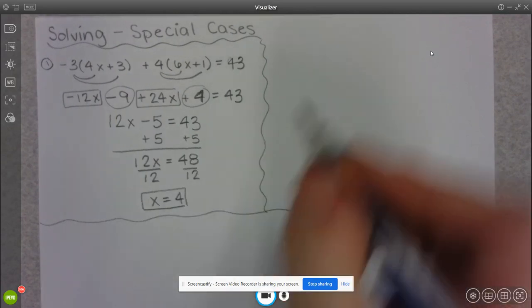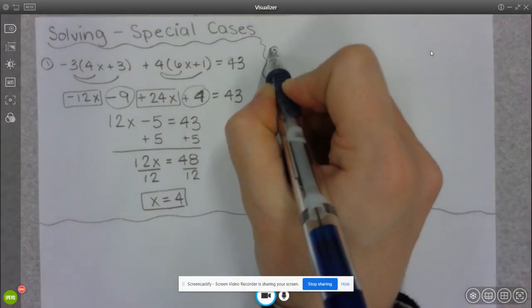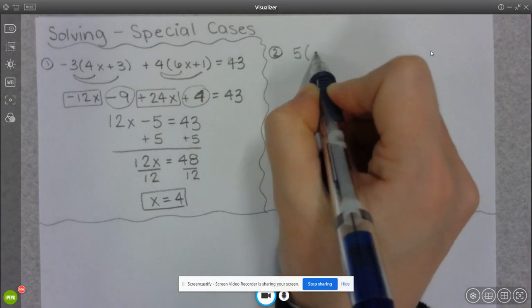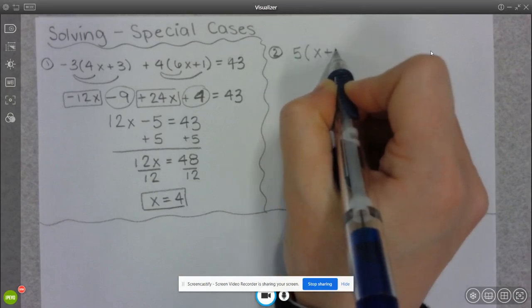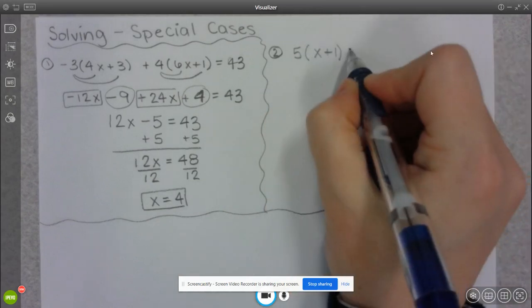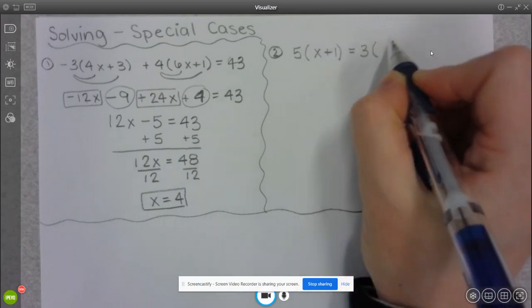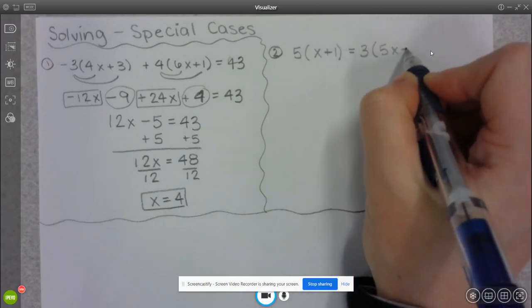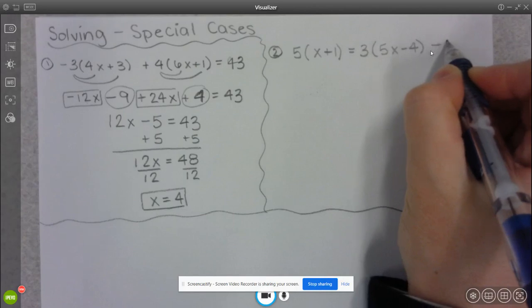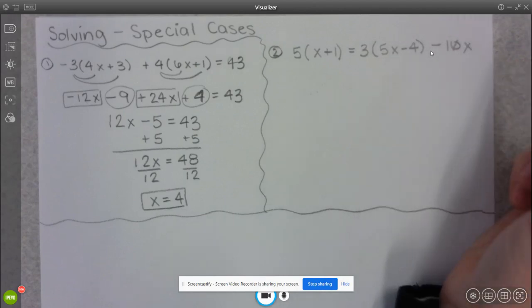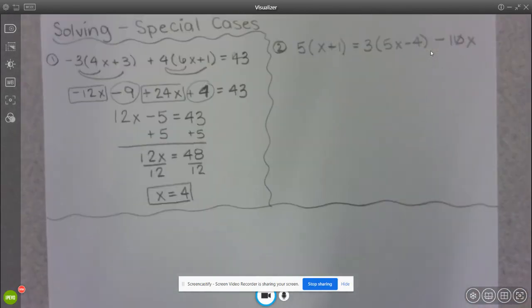So the next question we're going to look at is 5 times the quantity x plus 1 being equal to 3 times the quantity 5x minus 4 minus 10x. Let me focus this a little bit better.